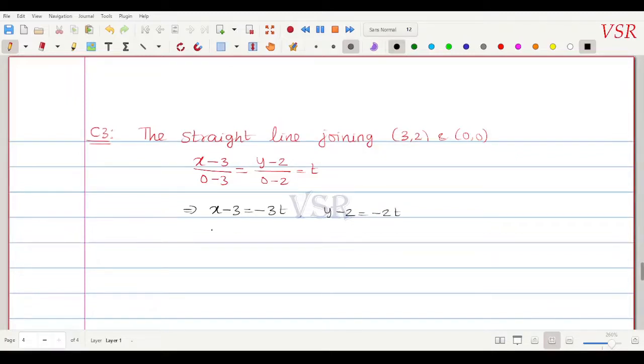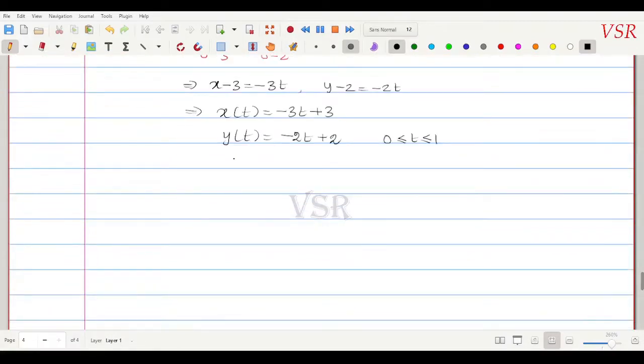So x of t is equal to minus 3t plus 3, and y of t is equal to minus 2t plus 2, where t varies from 0 to 1. When we put t equal to 0, x is 3 and y is 2, so we are at 3,2. When we put t equal to 1, minus 3 plus 3 is 0 and minus 2 plus 2 is 0. So we have this equation, and I have told you what x of t and y of t are.